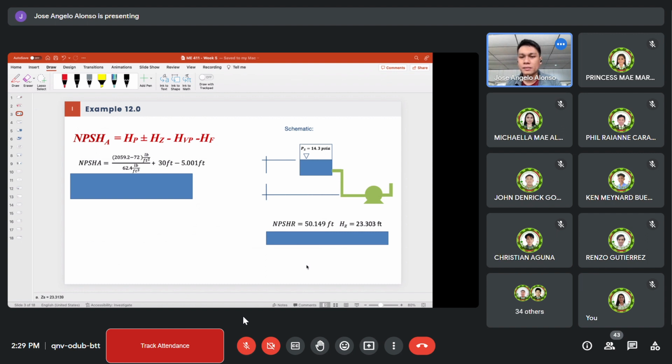So what if we increase the elevation of reserva? Then let us know ano magiging value ng net positive suction head available. Rule of thumb, alam naman natin na NPSHA shall always be greater than NPSHR.